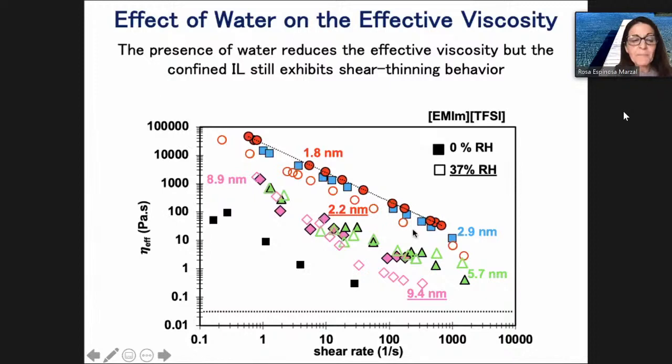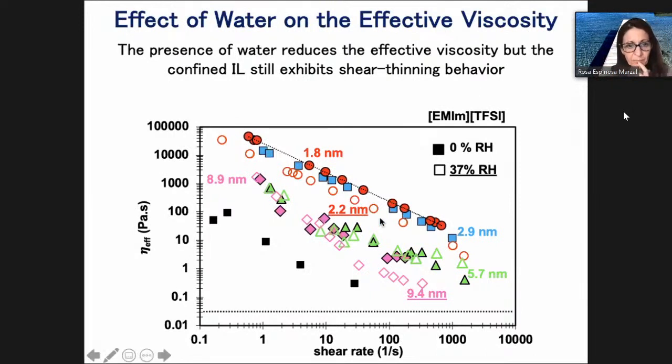It's very difficult to do the rheological measurements at the same film thicknesses as at dry conditions, because we have a shift of the force curve, and also there is a relaxation when we approach the surfaces, and so we never achieve exactly the same film thickness.